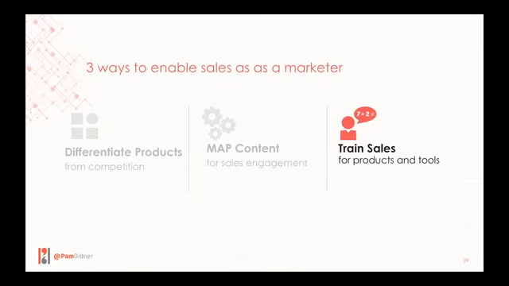All right, so I talked about differentiating products from competition, and I shared with you the templates that you can use, and a couple of tips in terms of how to support your sales team based on your existing messaging framework. And the second thing I talked about is how to map the marketing content for sales engagement.